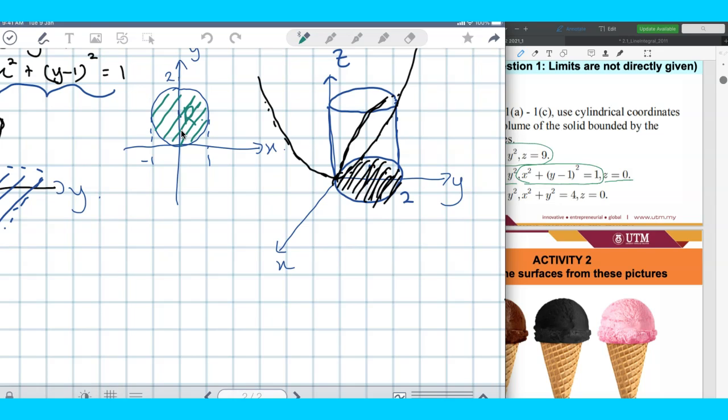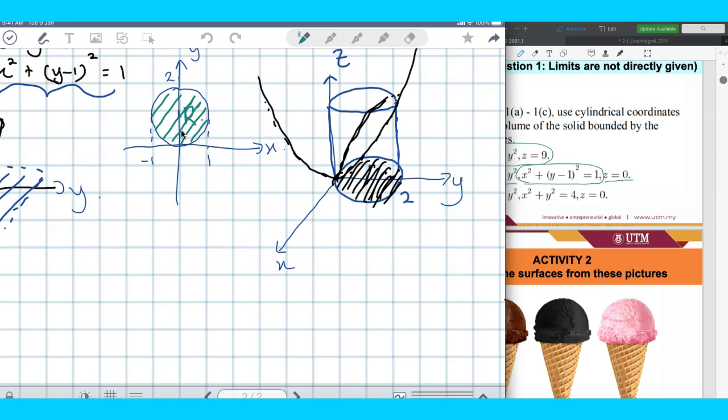But the circle is not centered at the origin. It is shifted somewhere. So meaning that in terms of the limit of r, remember in polar for double integral, if you have a circle shifted somewhere, your polar function, your r or your theta, normally r, so r is a function, not a constant.